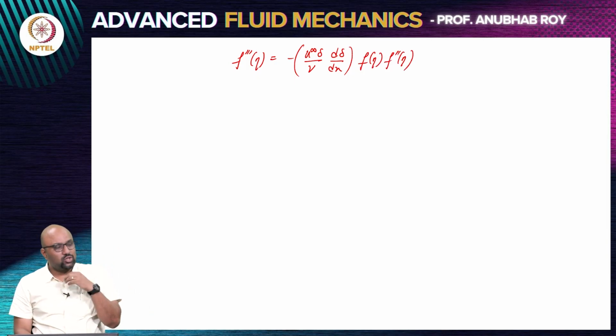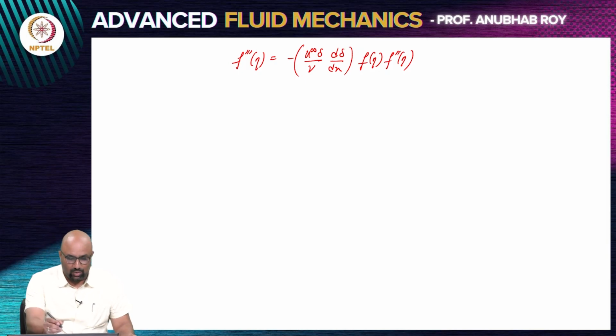Now, if this was truly a similarity solution, then what should happen? If everything here was truly a similarity solution, there is a variable eta which is y by delta of x.